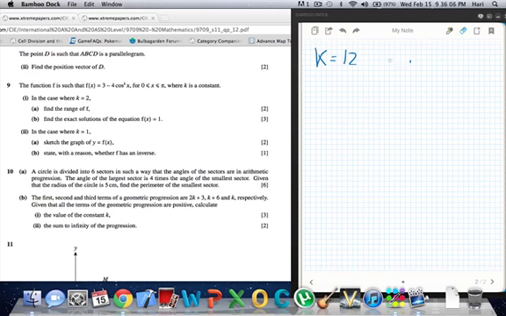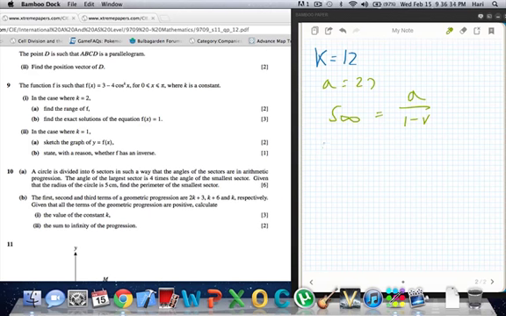K being equal to 12, we can say that the first term of the progression is 2 into 12 plus 3, 27. A is equal to 27. And we know that the sum to infinity of a geometric progression is a by 1 minus r. Now what is our r?